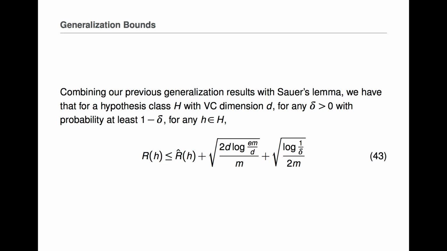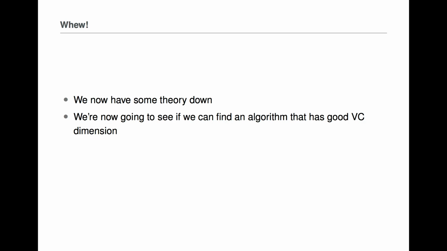So we now have that the generalization error is going to be less than or equal to our empirical error plus a function of the complexity of our hypothesis class, the amount of data that we have, how certain we want to be, and again, the amount of data that we have. So that's great. We have the theory down.